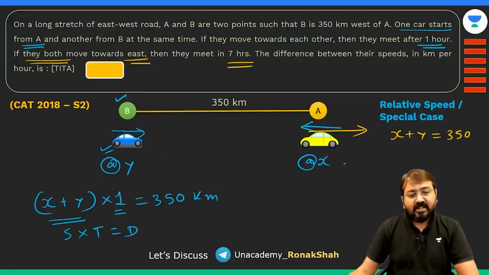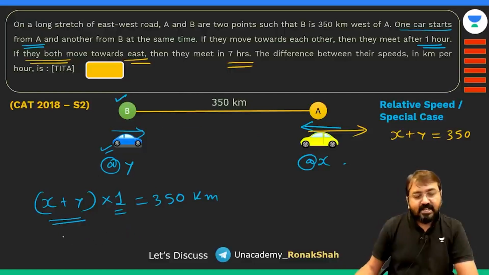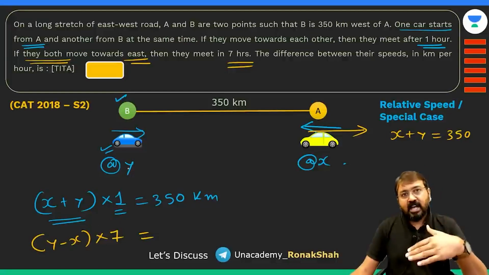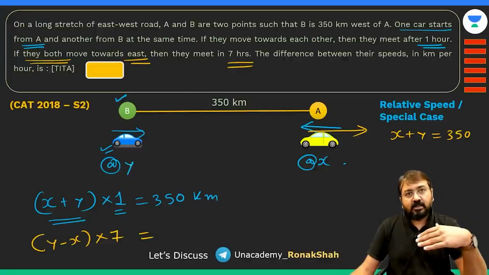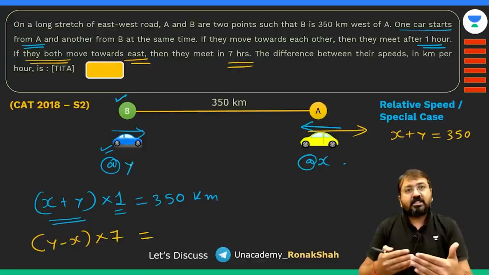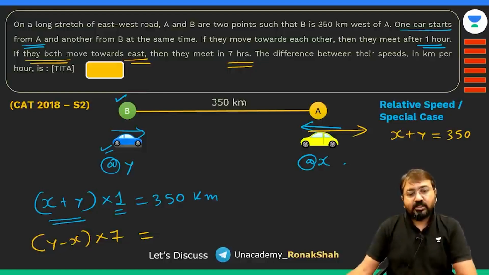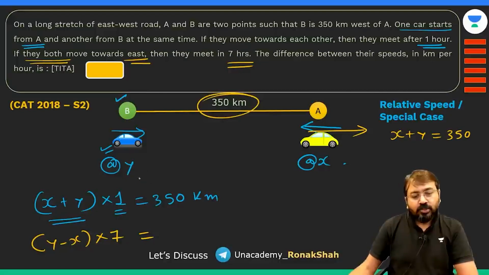So can I say the relative speed of these two cars will be Y minus X? In the second case, the relative speed is Y minus X and the time taken is 7 hours. And we know that when one car wants to catch the other car, the faster car needs to cover the gap between them, that is the distance of 350 km. So here relative speed into time is the distance traveled, that is 350 km.